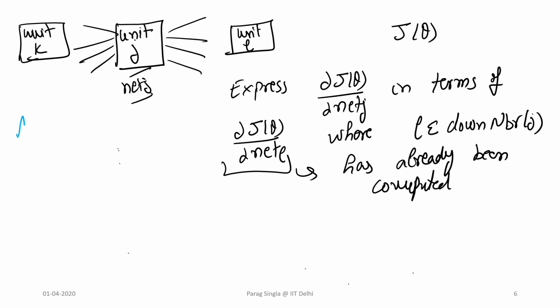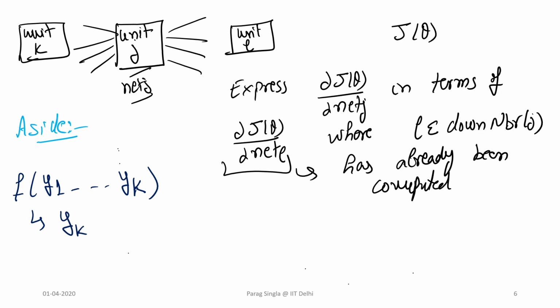Now to do this, we will need an aside. Maybe let me use a different pen, a darker one. Suppose I have a function f of y1 up to, let's say, y capital K, where each y small k is in turn a function of x1 up to xn.